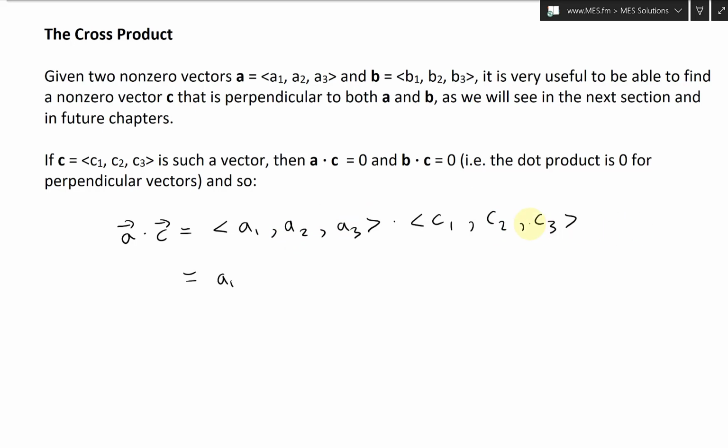So it's A1 C1 plus A2 C2 plus A3 C3. Now this has to equal 0 if C is perpendicular to A.